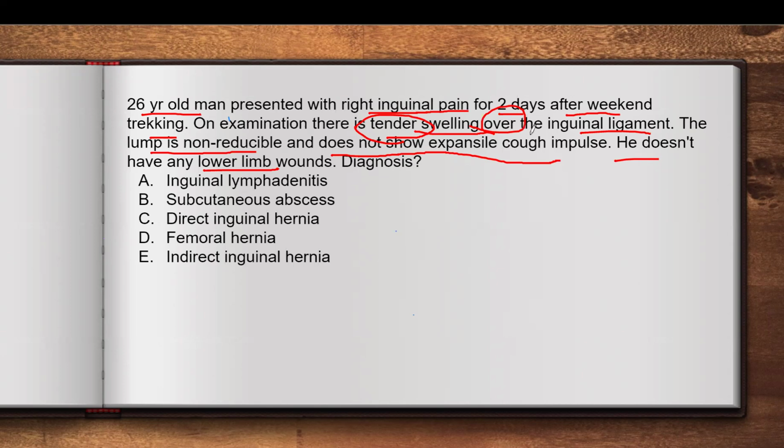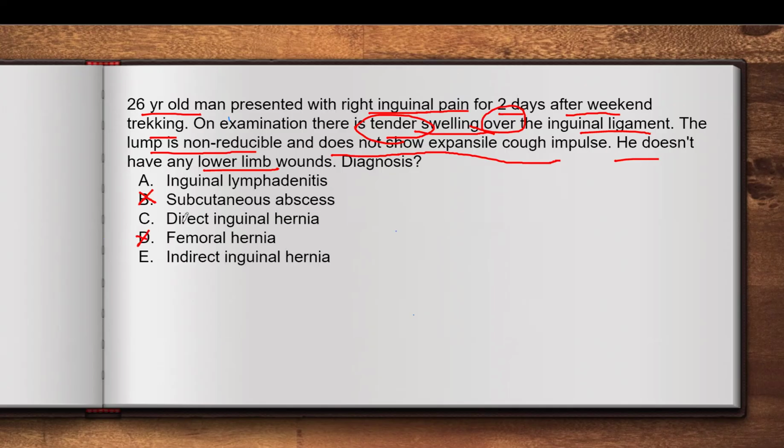Regarding the subcutaneous abscess, if it was a subcutaneous abscess, the swelling would be more fluctuant. There should be a mention of any fluctuancy, like any suspicion of fluid. And an abscess comes with systemic features like fever, right? Nothing like that is mentioned, so we can rule out subcutaneous abscess. Femoral hernia is more common in females, so we can rule it out.